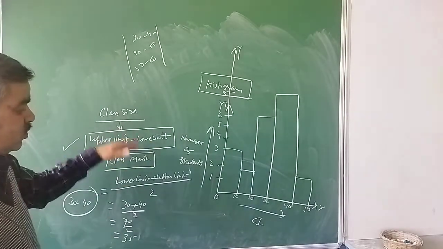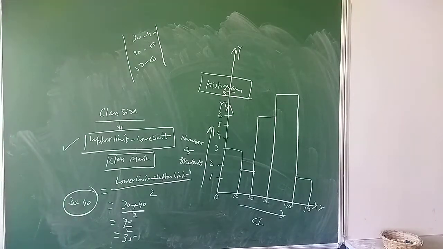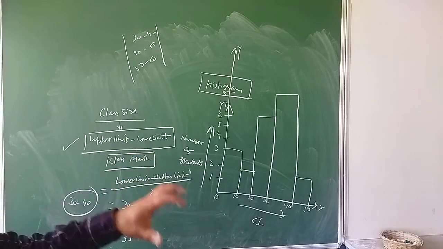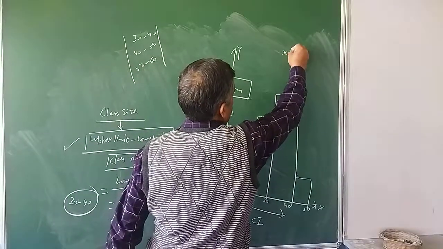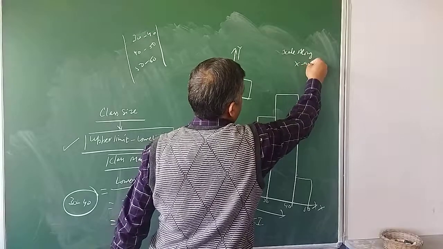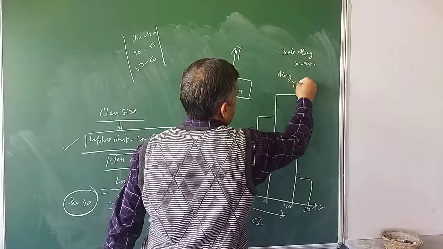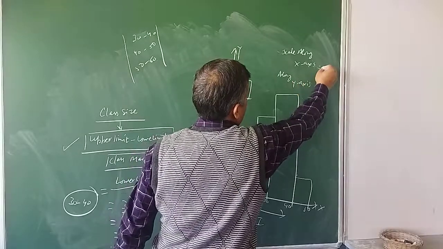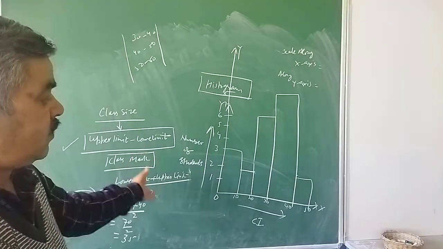So please make a note of all these instructions, and how to draw the histogram, how to calibrate the scale. Then at one of the corners you need to write the scale. You have taken a long x-axis and a long y-axis also. At the top you have to write it, and then you proceed.